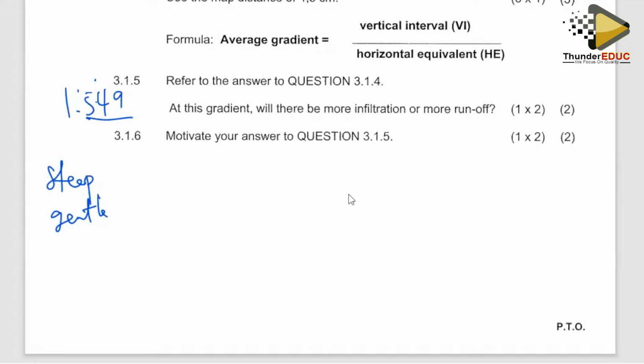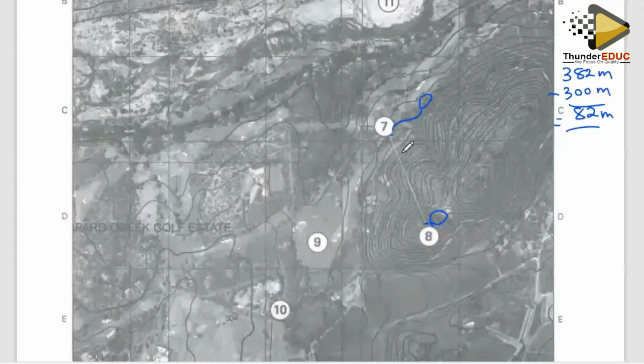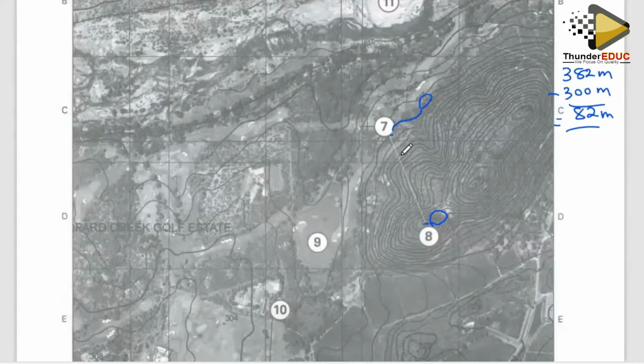Here the denominator is small, which means the area is very steeply sloping. Even if you check on the map, you can interpret it from the contour lines, which are very close to each other. This is a hilly area, which is very steep sloping.